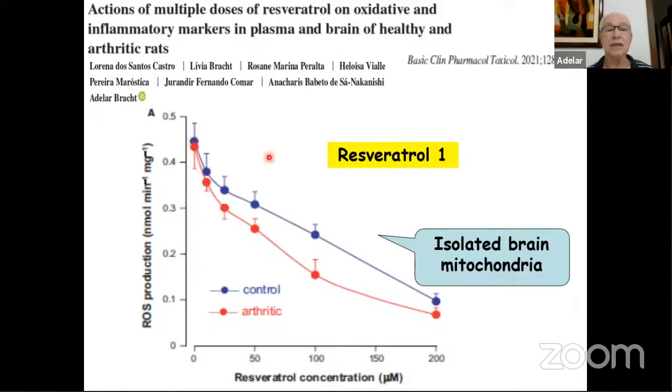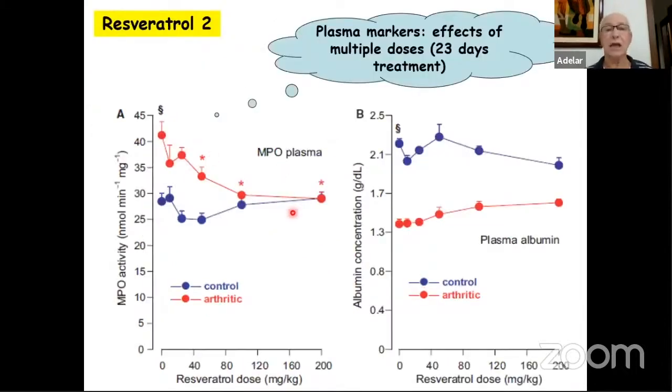Even so, in my opinion it is important to investigate the action of natural products in isolated mitochondria because you may be surprised, and we have been surprised on several occasions, because sometimes the compound may act as a pro-oxidant, in fact, and not as an antioxidant.